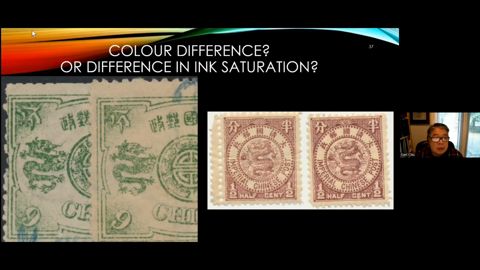You look at this stamp over here, the green, this is what you call yellow-green, and this is too red here. I would say you cannot tell if it's a color change or a different ink, as this may be just a concentration or saturation issue.